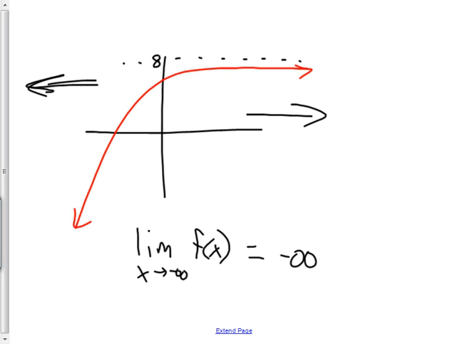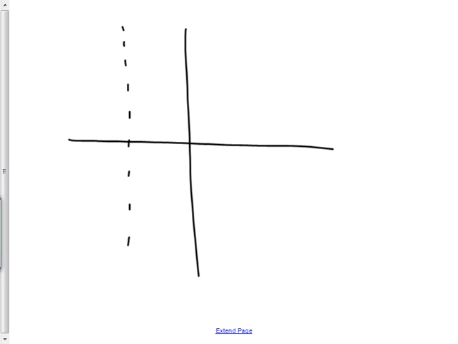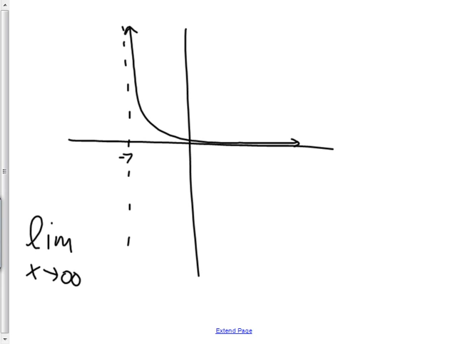Yes? That's a clue that it's probably going to be the limit of it. All right, I'm going to give you one more. I'd like you to tell me the limit of this function as x approaches infinity.